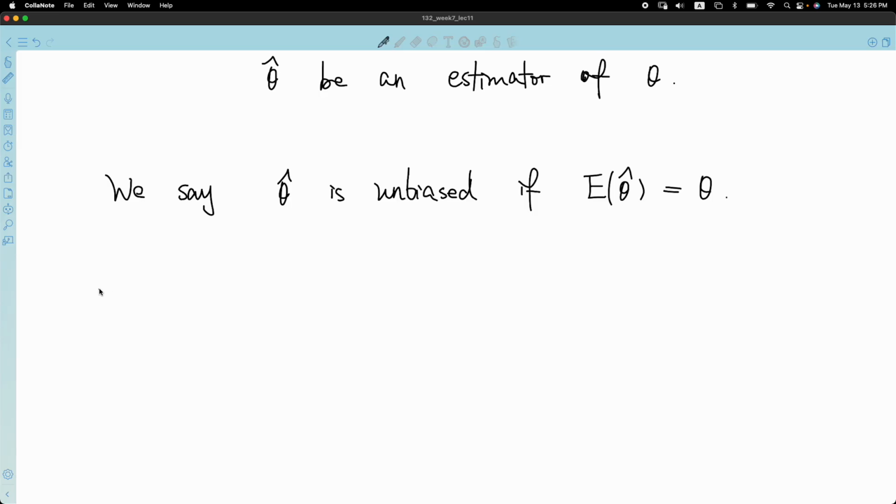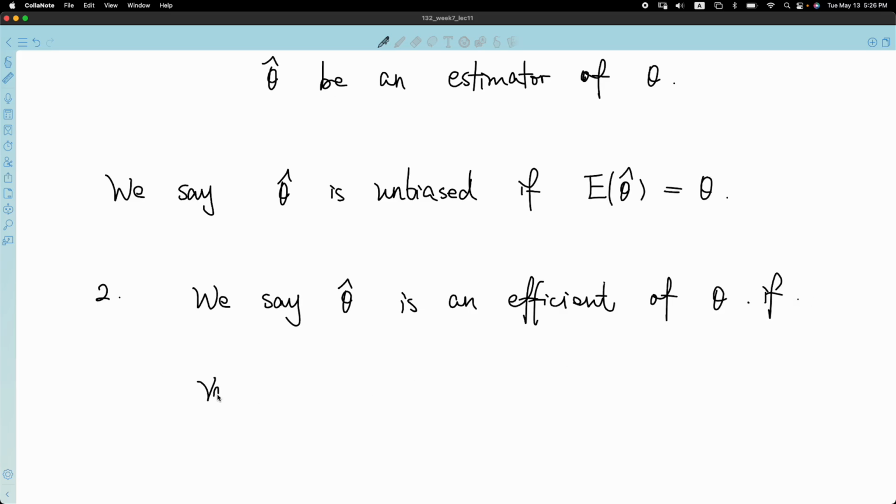Our second thing regarding the estimator is that we say this estimator is an efficient estimator of theta if the variance of this estimator is equal to 1 over n times I of theta, and I of theta is called the Fisher information.